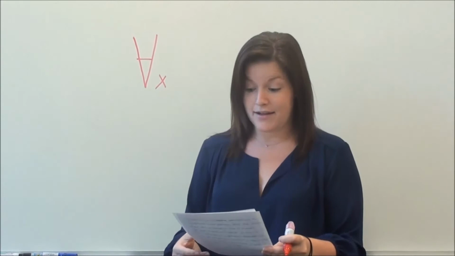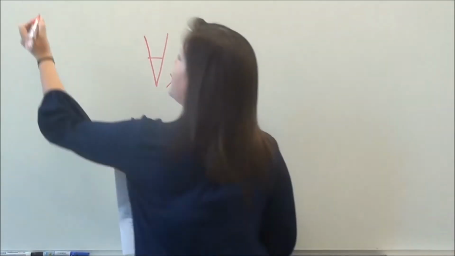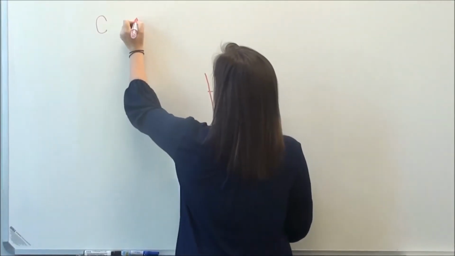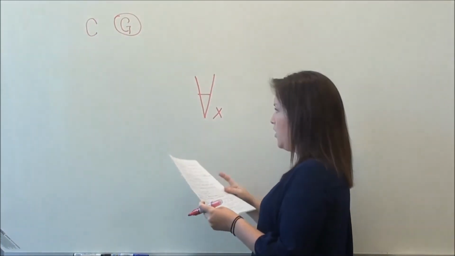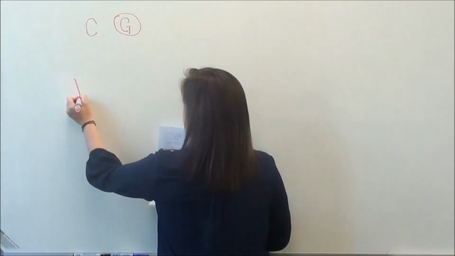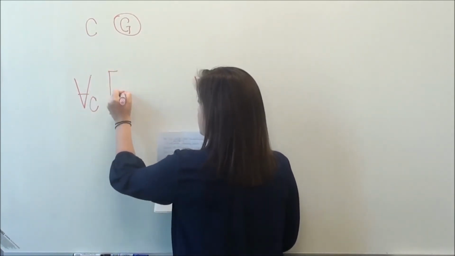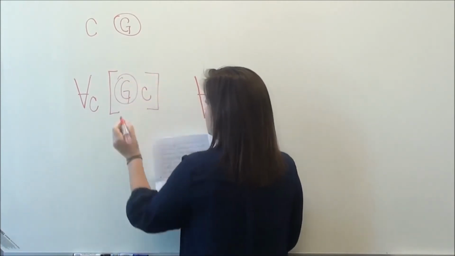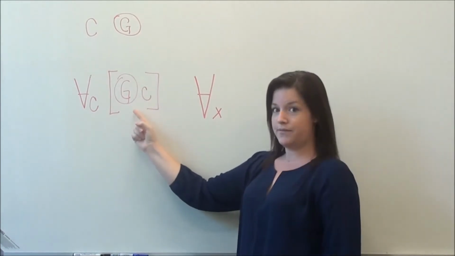We can write this mathematically. So let's use C to represent cookies, and we'll use this symbol here to mean that the cookies are ginger. So our sentence would be, this reads, for all cookies, the cookies will be ginger.